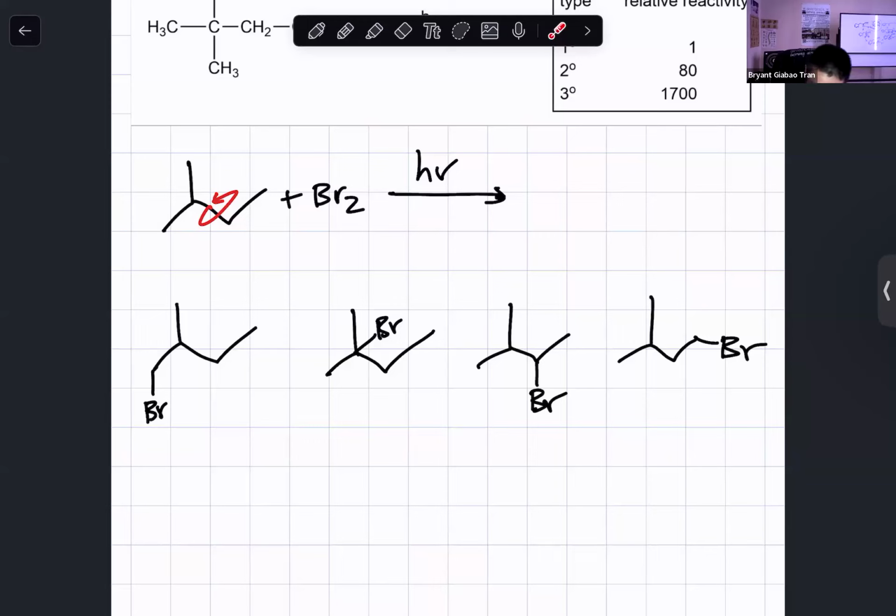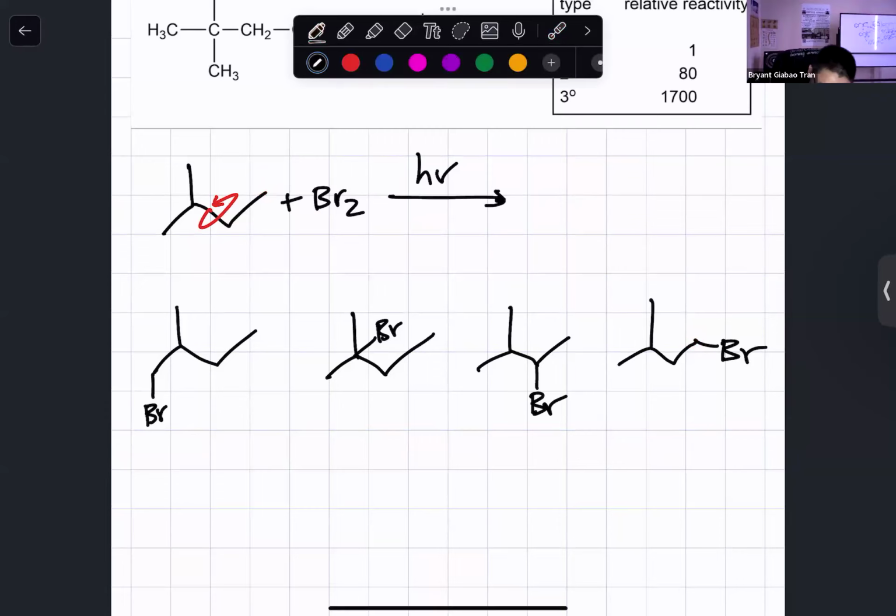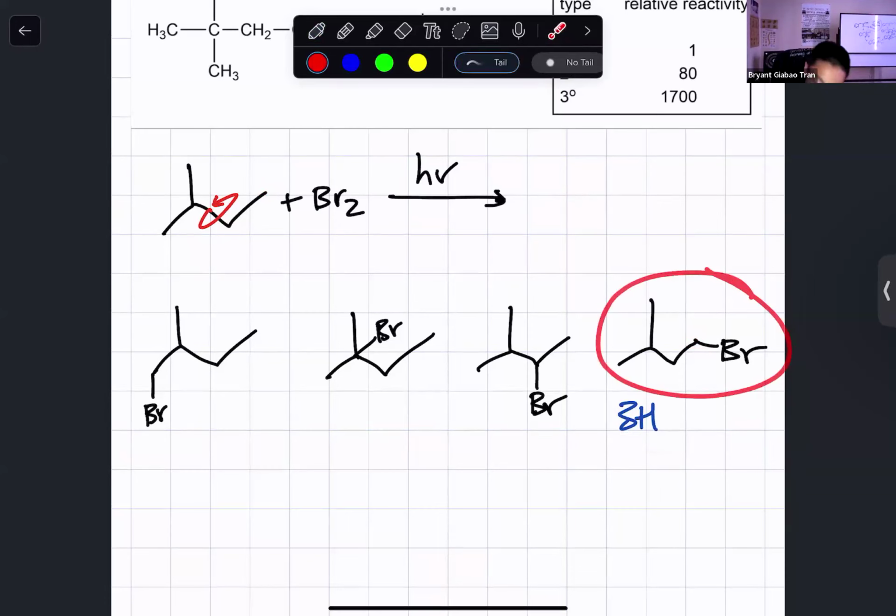How many hydrogens did this carbon have right here? The one that I'm highlighting in red, in the original molecule. 3. Yeah, 3. So 3 hydrogens could have made this product, right? 1, 2, 3. Those 3 hydrogens there could have made this product right here. Now, what type of carbon is this?